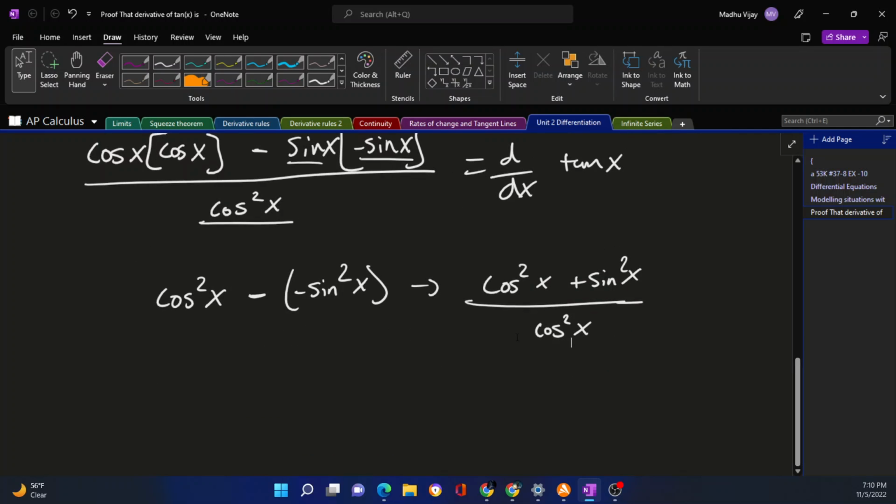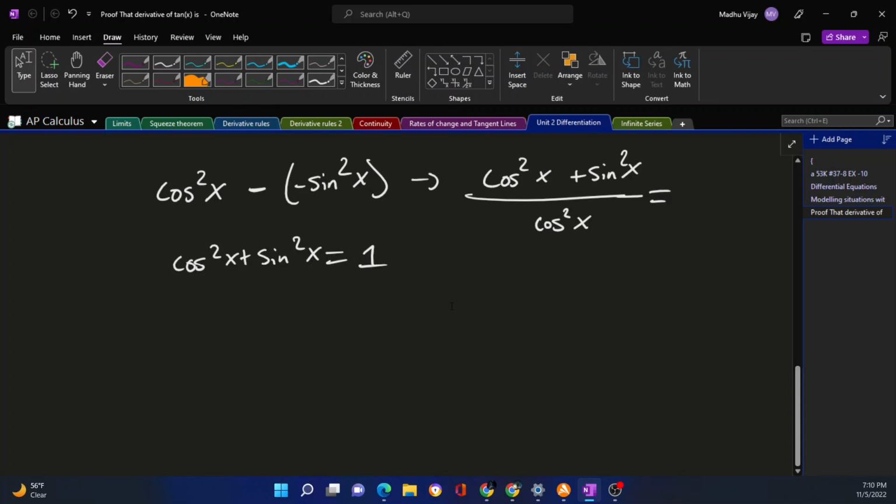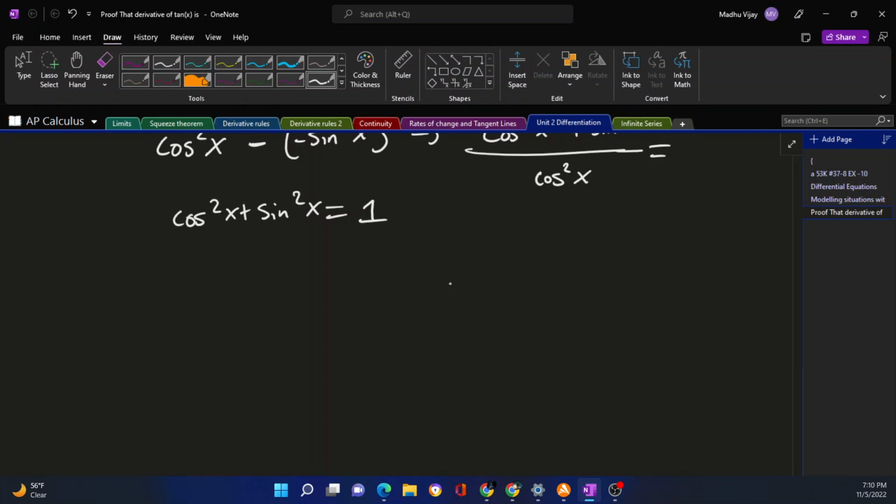Now, we do need to know a trig identity in order to solve this further. We know that cosine squared x plus sine squared x is equal to 1. The way we find that is if we picture a triangle here, and let's call the base square root of 3 over 2.